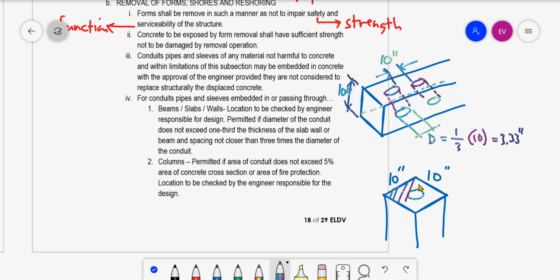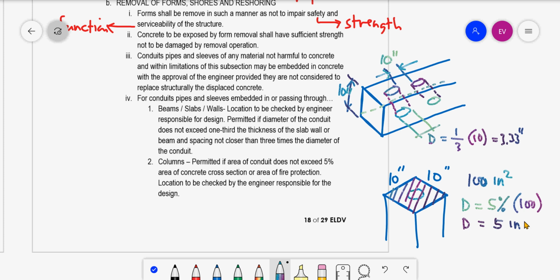If this is your area, which is 100 square inches, then your conduit area shall be not more than 5% of your cross-sectional area. So this becomes now 5 square inches.